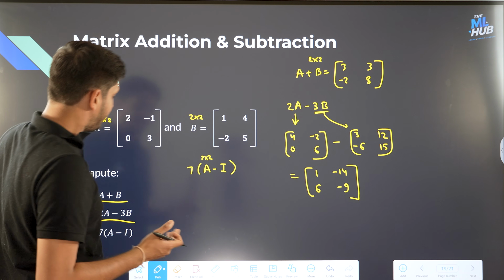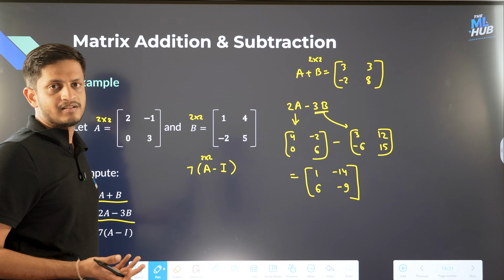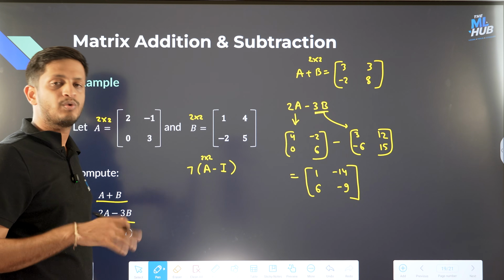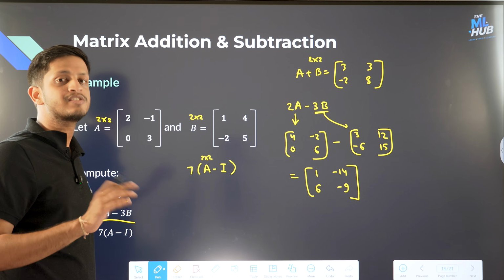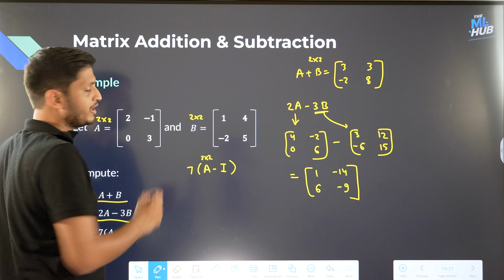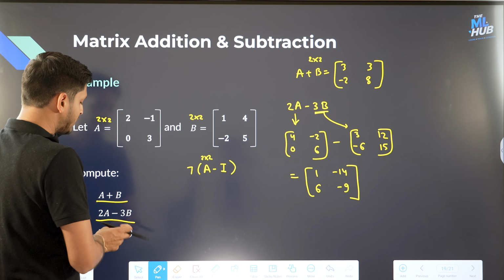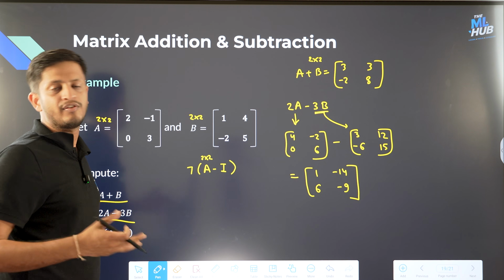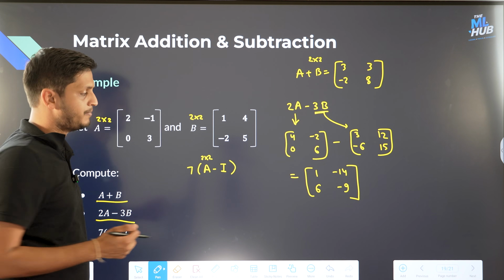So they have not said what is the size of the identity matrix. We have to perform this subtraction, and we can only perform it if the identity matrix is also of the same order as A. So it is not mentioned what I is, but you have to assume that I by default denotes the identity matrix in linear algebra.